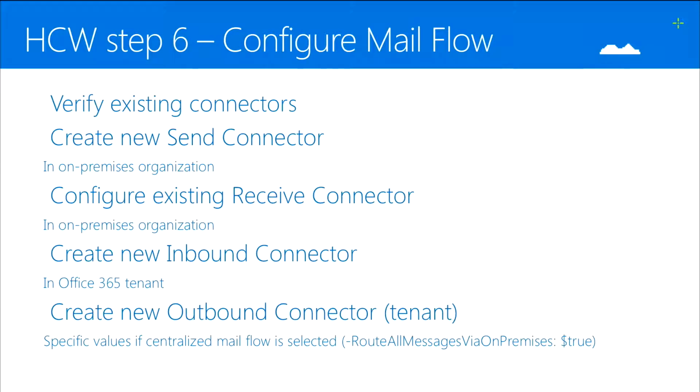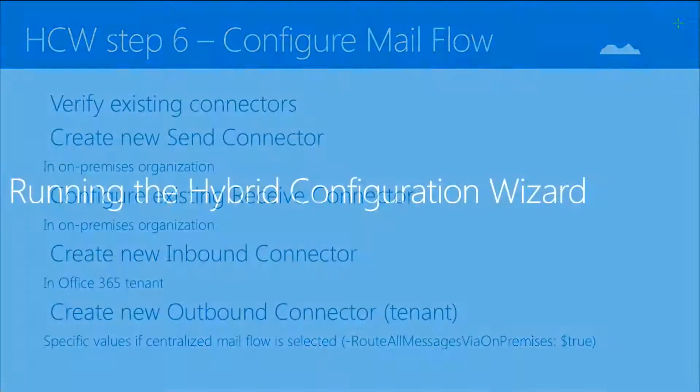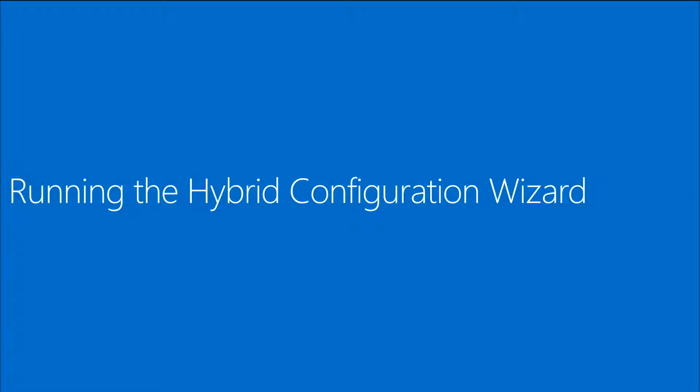So essentially, these are the requirements. You need to verify the existing connectors. You need to create the new send connector, and set the existing receive connector. And that's those 5 steps, the 6 steps that I just showed you here. The nice thing is though, you don't need to do this.